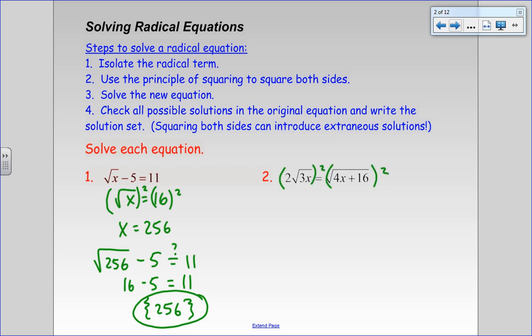When we square the left-hand side, be careful to square each factor. 2 squared is 4, and the square root of 3x squared is 3x. On the right-hand side, the square root of 4x plus 16 squared would simply be 4x plus 16. Note that we now have a linear equation. We can solve this equation by isolating the variable.